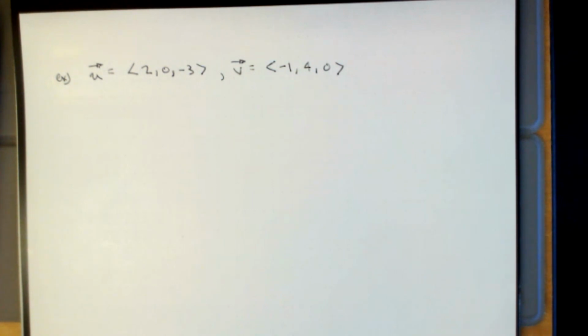So let's suppose we have two vectors. U is going to be 2, 0, -3, and V will be -1, 4, 0.